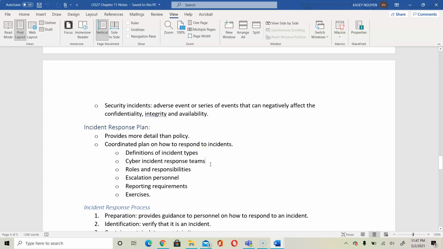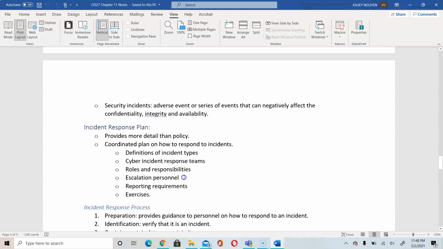Cyber incident response teams would include the individuals who respond to specific types of incidents related to cyber, such as a cyber attack. Then you also have general teams and the roles and responsibilities of those individuals in how certain things are carried out when an incident happens.